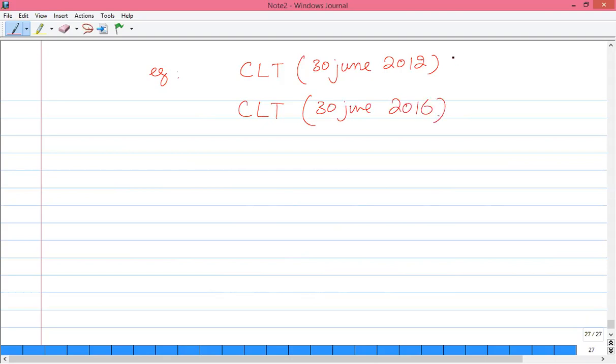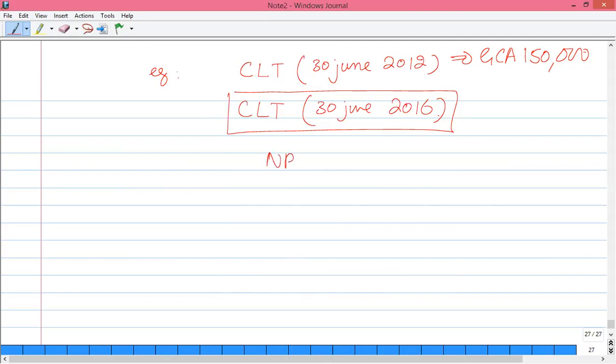For example, a CLT was made in 2012, and similarly a CLT is made in 2016. There was a gross chargeable amount of 150,000. Now, when I'm calculating tax on a CLT on this gift, assuming the NRB is 300,000, I have to look back 7 years.